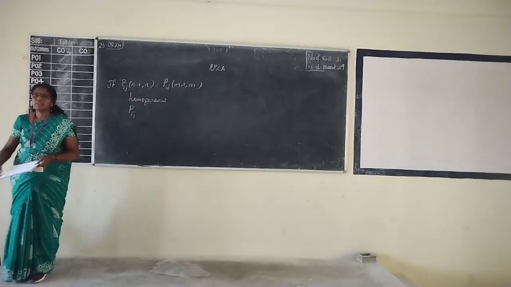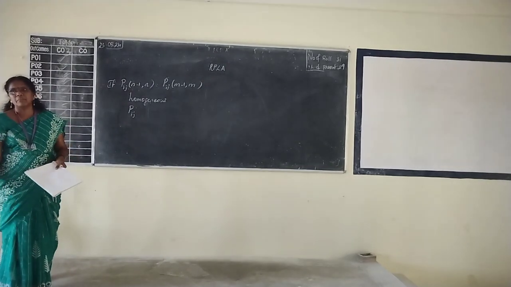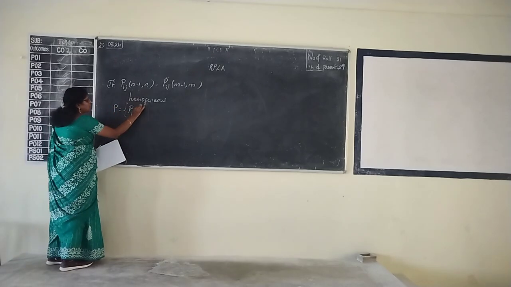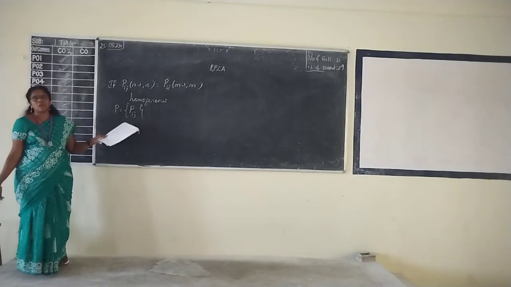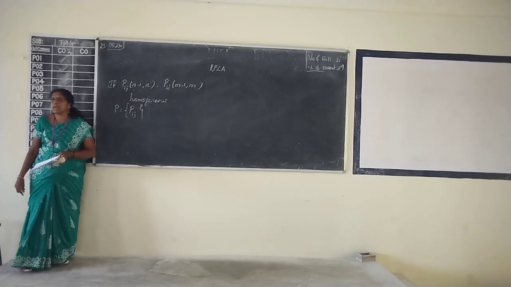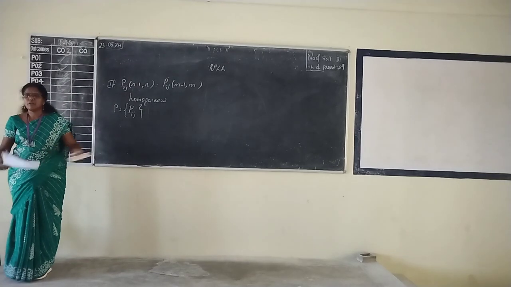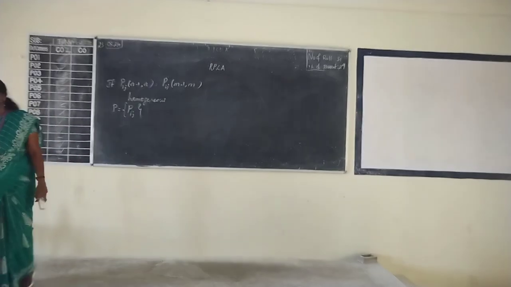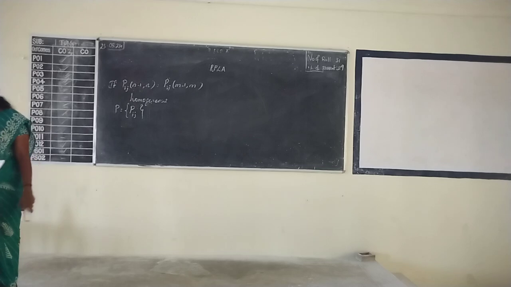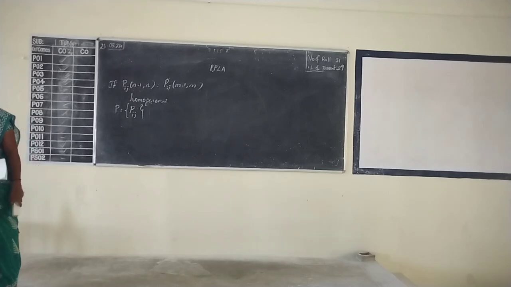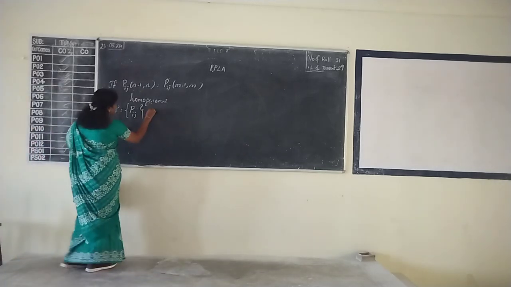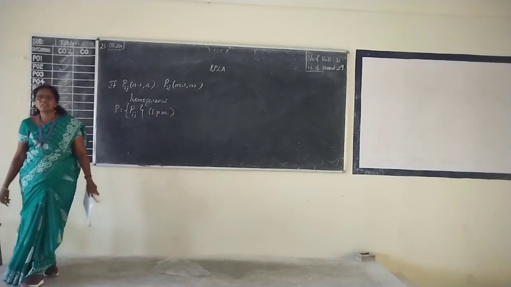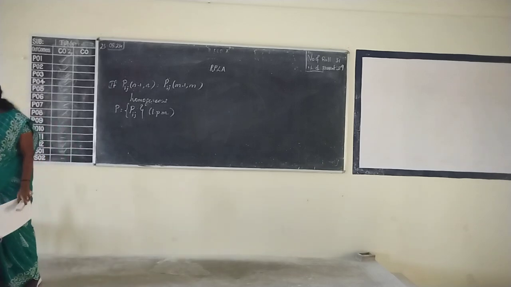The matrix capital P, which is equal to the set of all values of Pij, is called the transition probability matrix. In short, TPM, transition probability matrix.